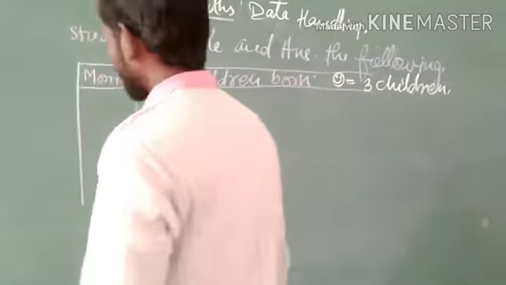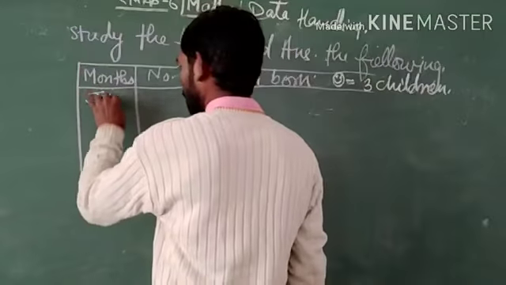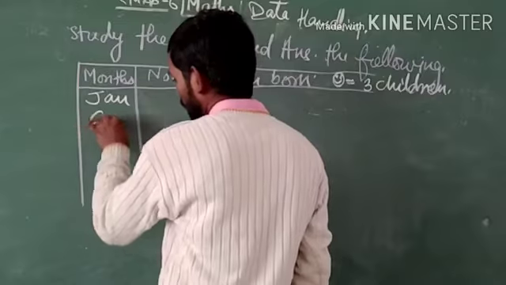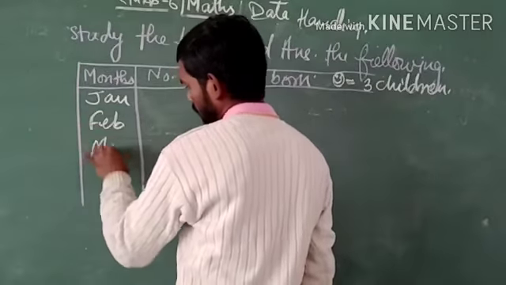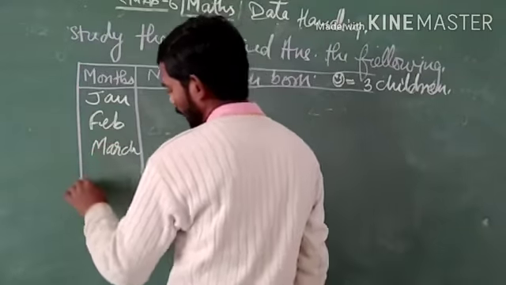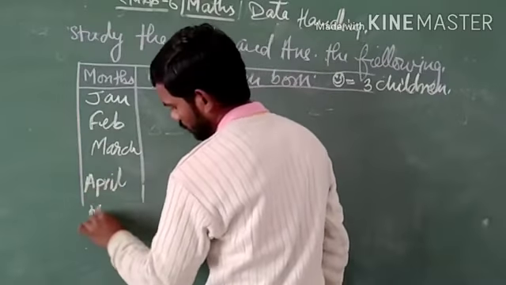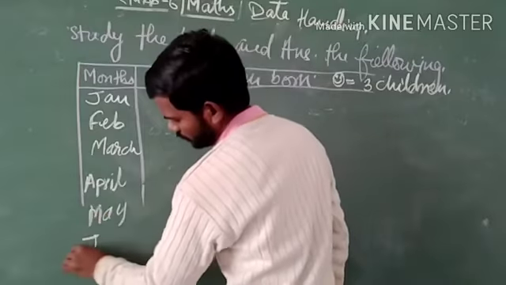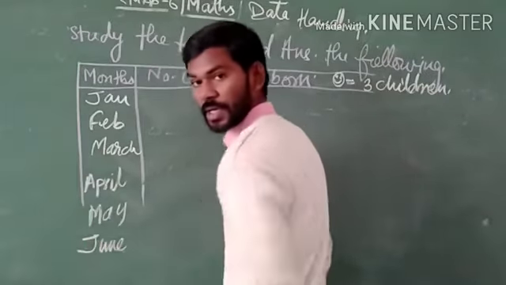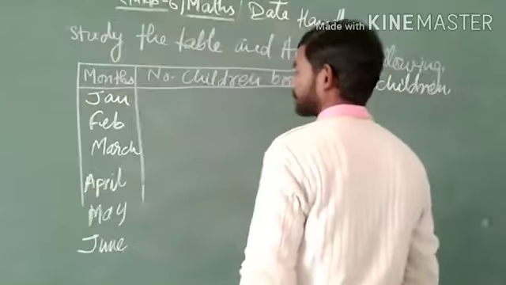And here January, February, March, April, May, and June. There are 6 months.